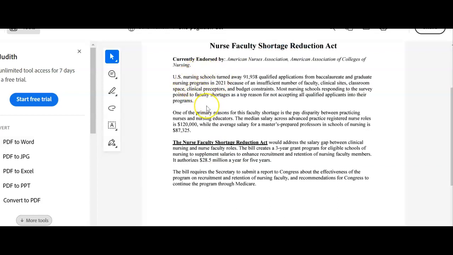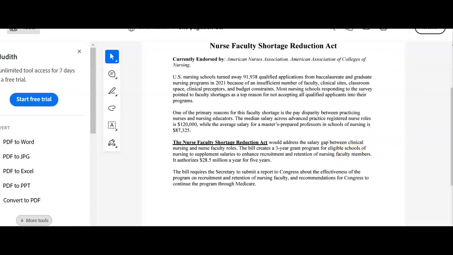It gives some of the issues as to how this is going to impact our nursing shortage positively. If you don't have enough faculty to educate new nurses, then you're going to continue to have a nursing shortage. So this is information I could use specifically for my elevator speech.